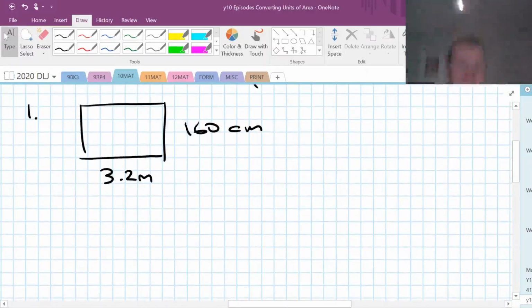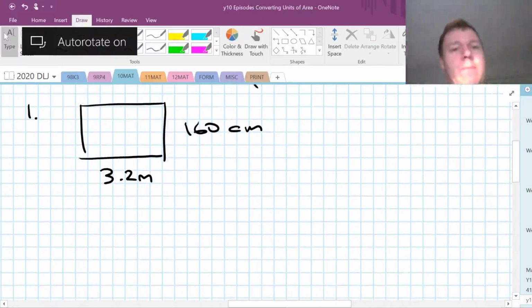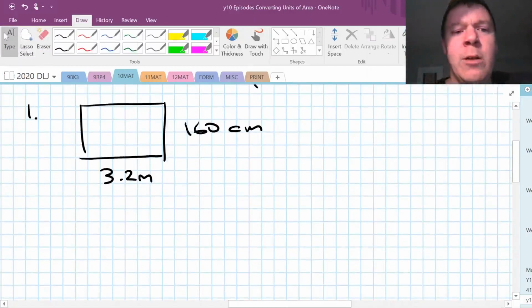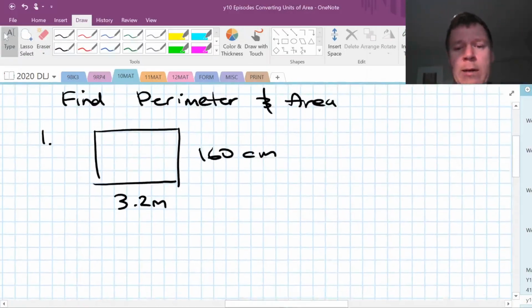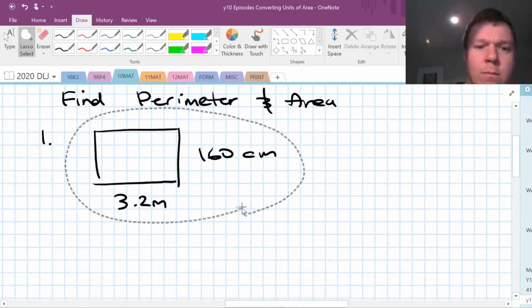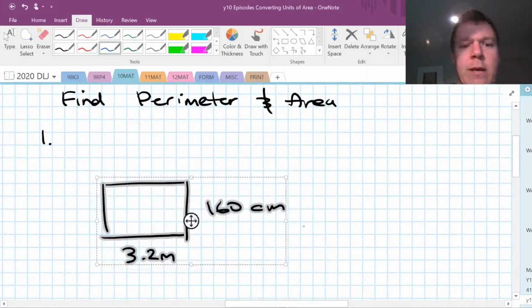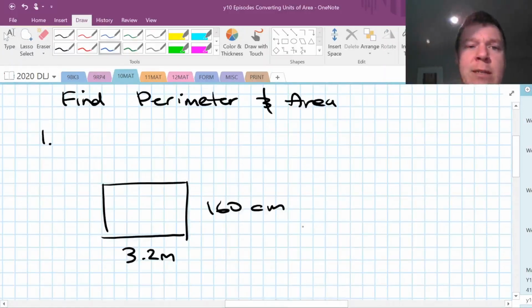So, rectangles, nice and easy. The one thing that I've done to make this problem a little bit harder is to change the units.